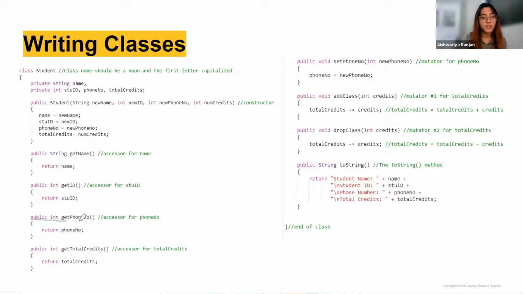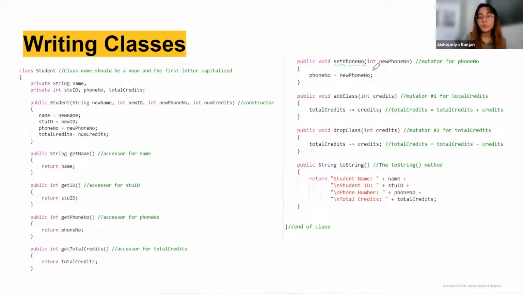Similarly, it's public int get phone number, and it returns phone number inside. And we have an accessor for total credits over here as well, written in the same way. Now, we have a mutator. Mutators are written as set, followed by a related name for the method.